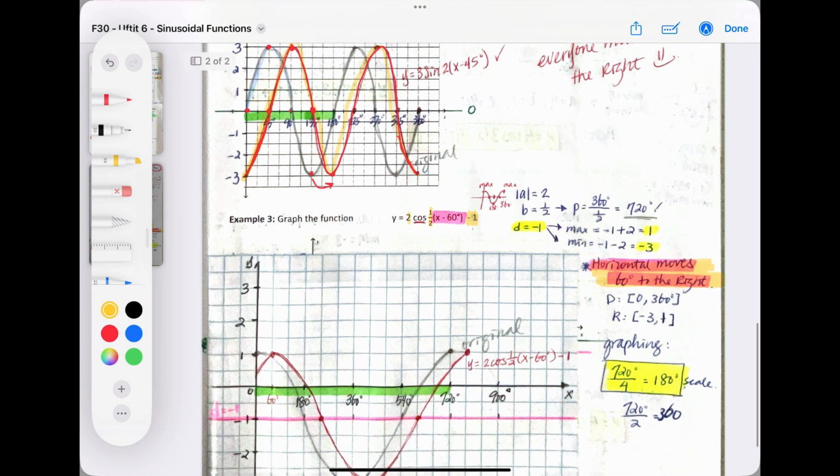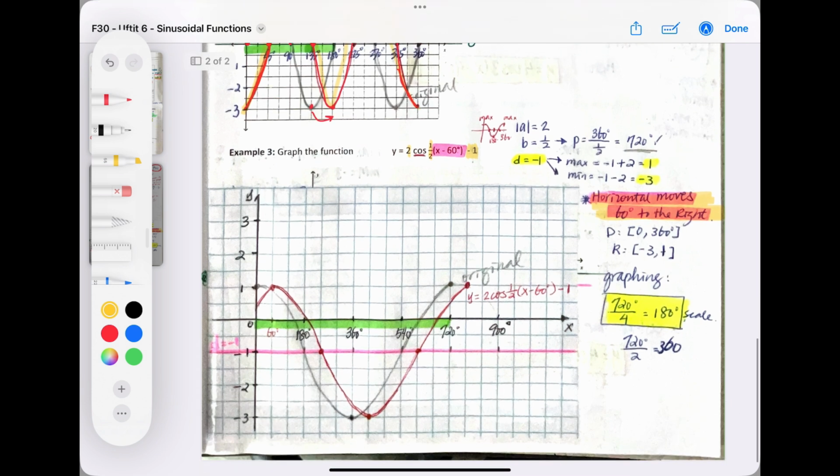So now, I mentioned that we like to start with the original graph. So again, because this is a cosine function, cosine starts at the maximum. So the original, see that? I always keep my principal axis, the midline first, so the D equals -1.